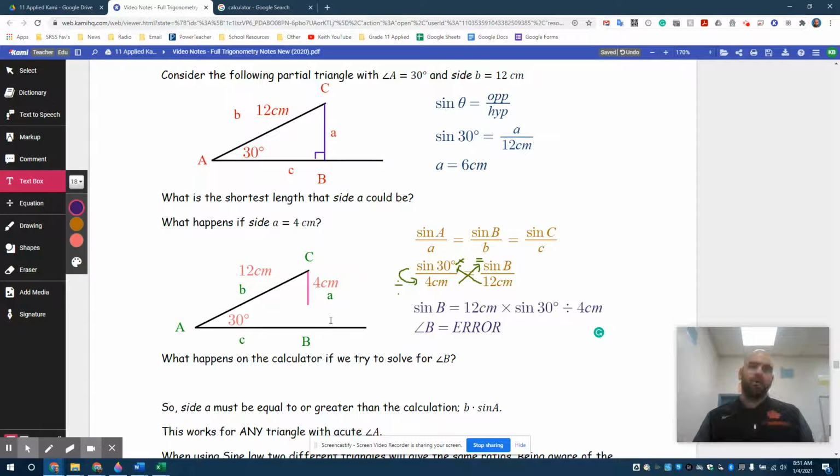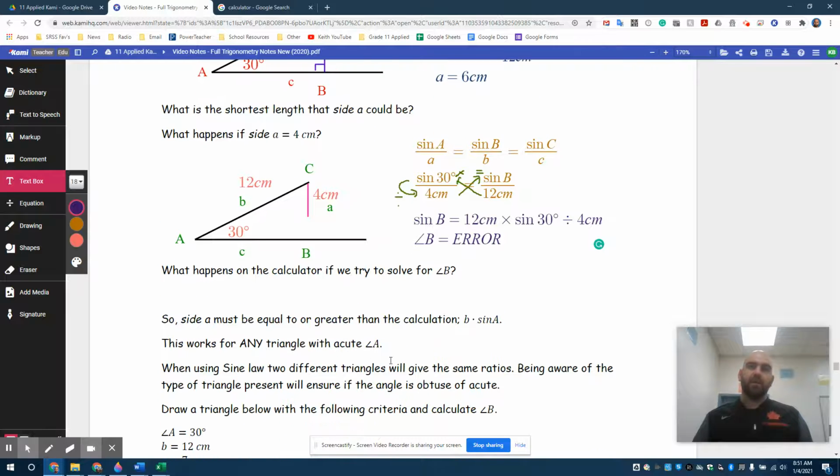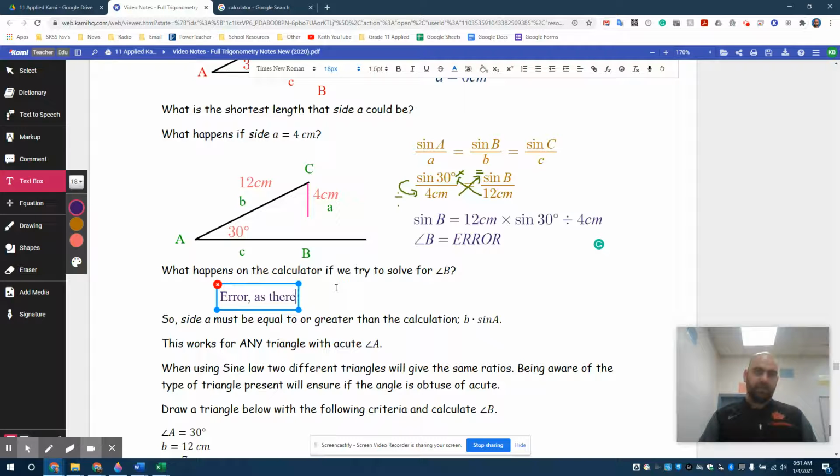We can't actually calculate it. So what happens on the calculator when it tries to solve for angle B? Error, as there is no triangle which works with this information.